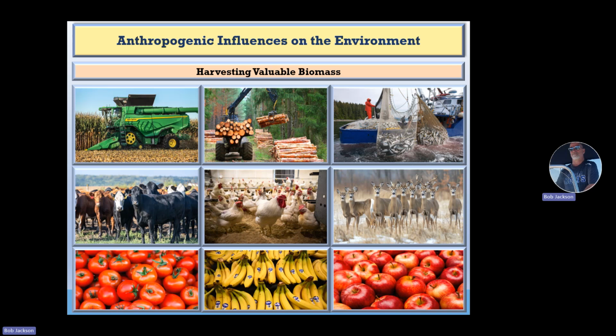Like king salmon, you can only keep one. Sockeye salmon, you can keep several. Silver salmon, you can keep over a certain size. Okay, but those are all anthropogenic impacts on those environments by overharvesting fish, and then we have laws put in place, hunting and fishing laws, that make it so you've got a bag limit.